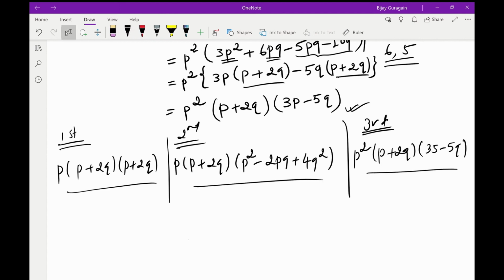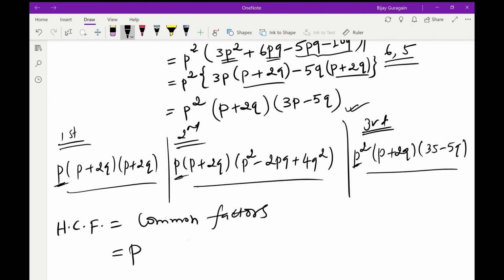Before that we should explain what HCF is. HCF, the highest common factor, means the common factors among the three expressions. Among them p is common, and p + 2q is also common in all three.